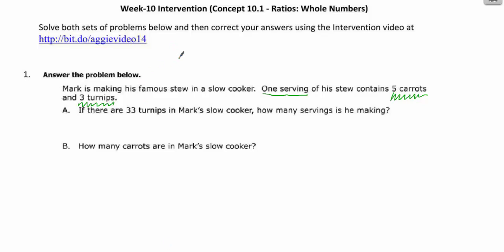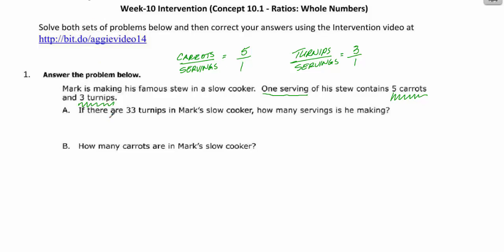So in every one serving, if we were to do carrots to servings, we would know that 5 carrots in one serving. If we were to do turnips to servings, we would know that there are 3 turnips in one serving.